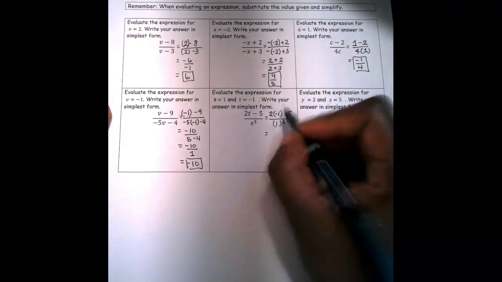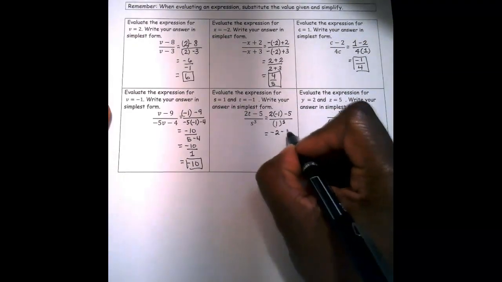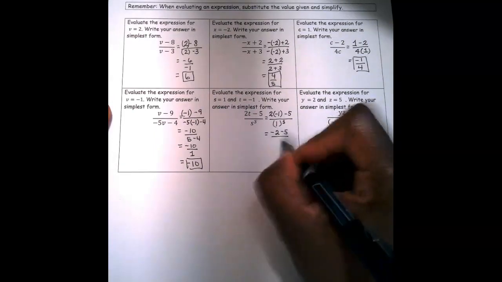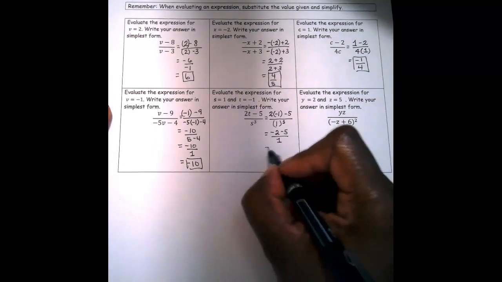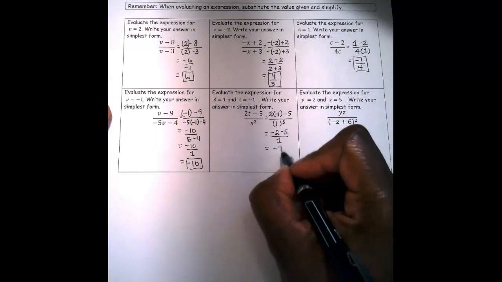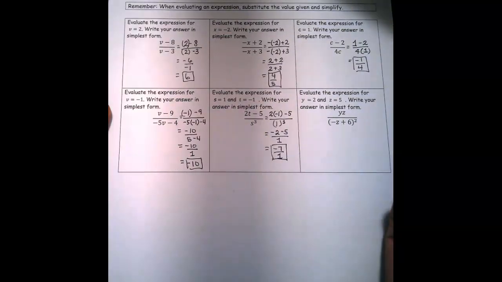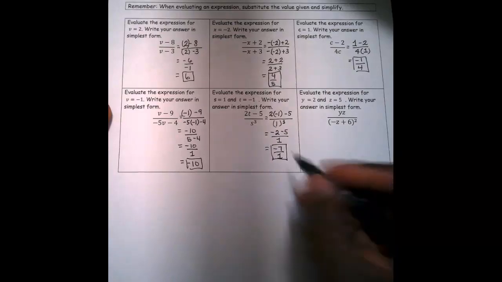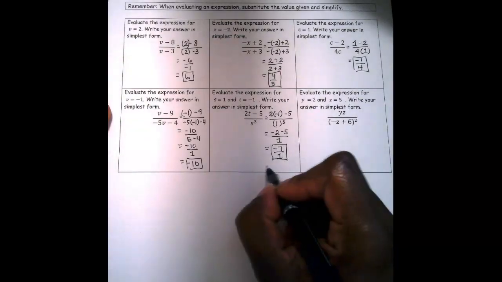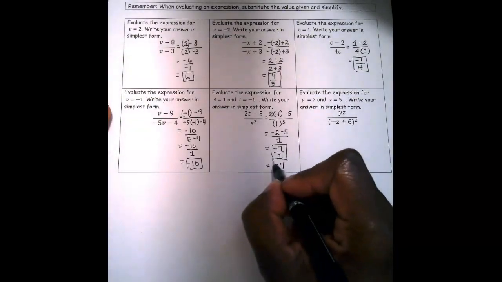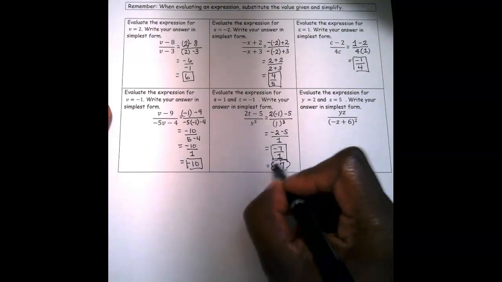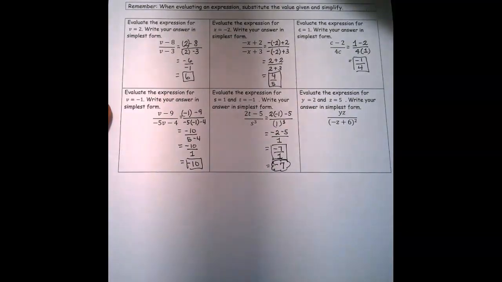So 2 times negative 1 is negative 2 minus 5. 1 to the third power is simply 1. So we've got negative 2 minus 5, which is negative 7, over positive 1. Now, I forgot to simplify that, didn't I? Negative 7 divided by 1 is just negative 7. That really is the answer.